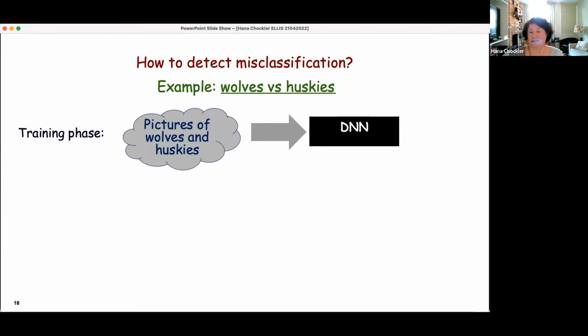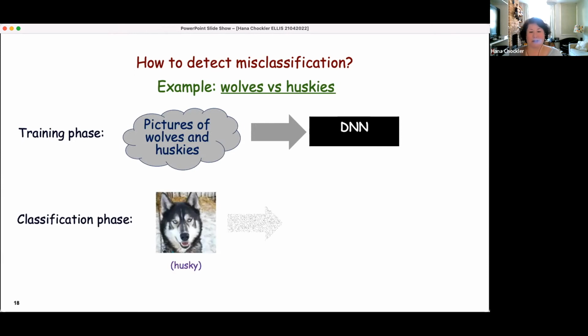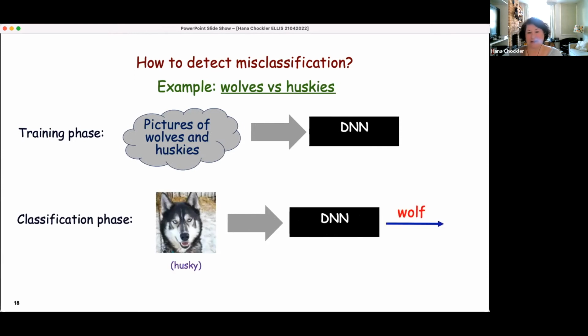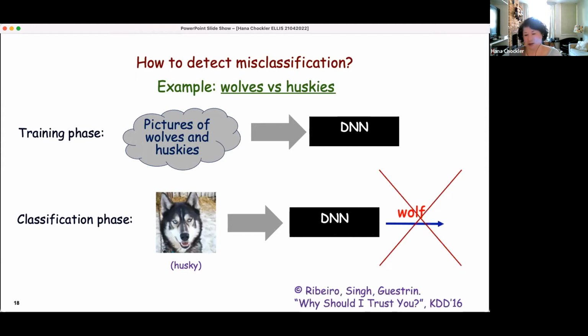Pictures of wolves and huskies were given to a neural network, which supposedly was trained, and then in the classification phase it said that the picture of a husky is actually a wolf. That was the paper "Why Should I Trust You?", which has been cited many times since then. Then they looked at the training set, trying to figure out why the misclassification happened.